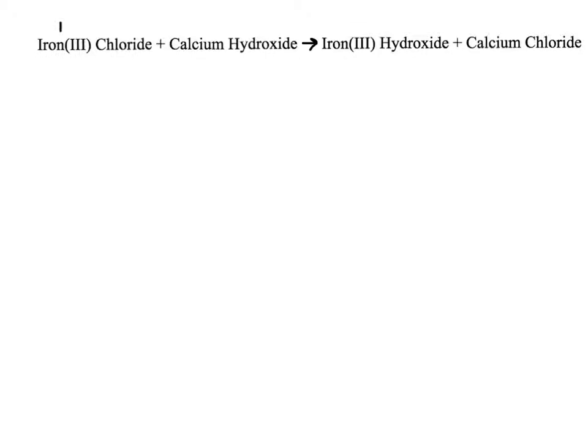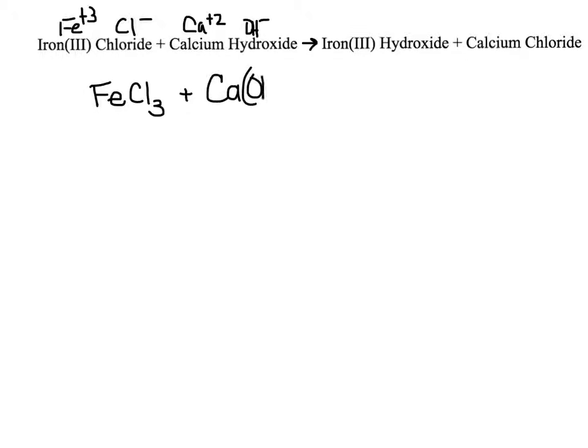So that means that iron had a +3, chlorine has a -1. So iron 3 chloride is going to be FeCl3. Combines with calcium hydroxide. Calcium is a +2. Hydroxide was a -1. So this is going to be Ca(OH)2.